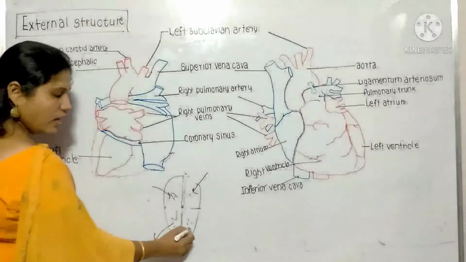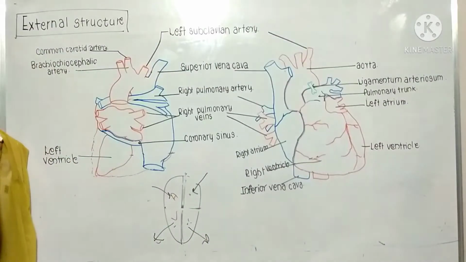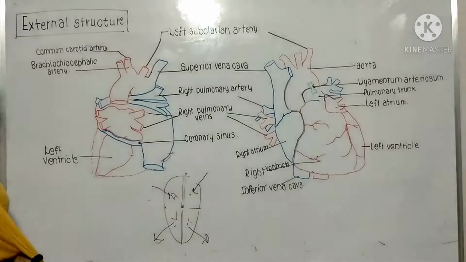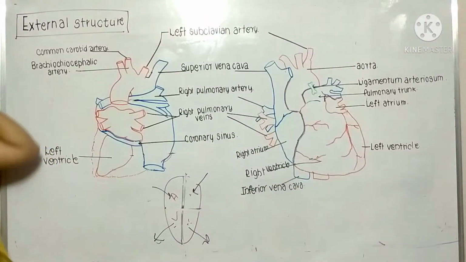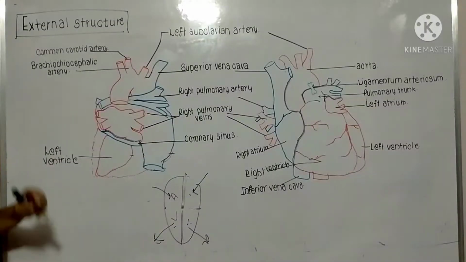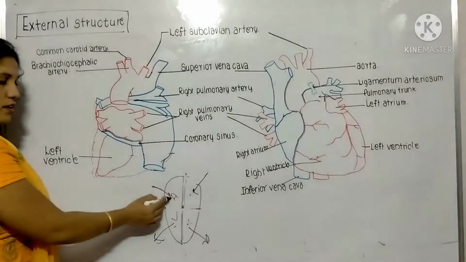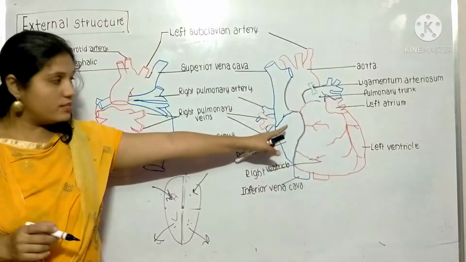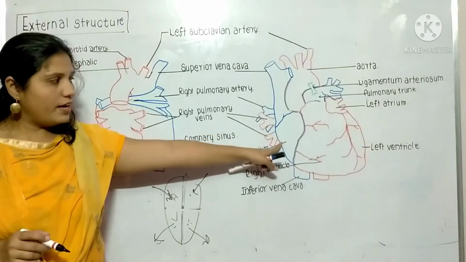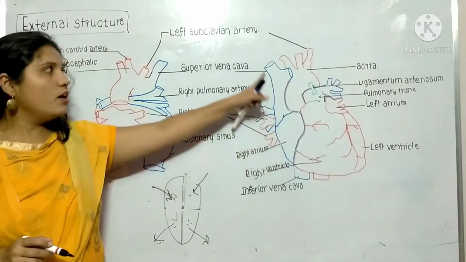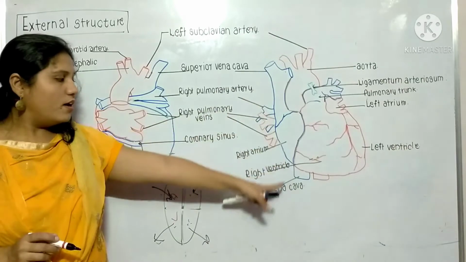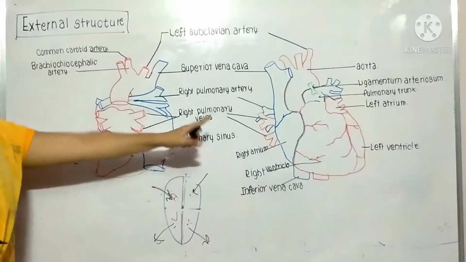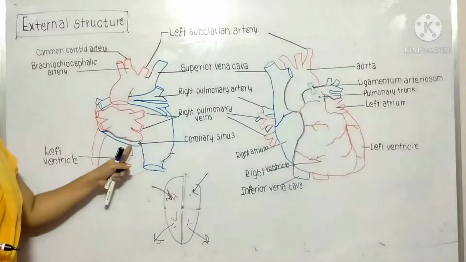Both the ventricles are the distributing chambers, meaning they distribute blood. This right atrium carries deoxygenated blood from the superior vena cava, inferior vena cava and coronary sinus. The coronary sinus is present on the back side.